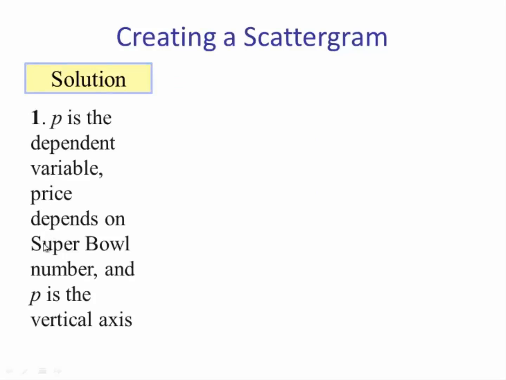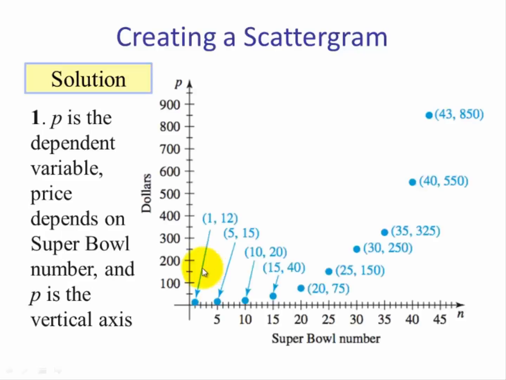Price depends upon the Super Bowl number, and P is on the vertical axis. Here we have our units, dollars. On the horizontal axis is our independent variable N, Super Bowl number. And if we take each ordered pair and plot them, this is the graph that we get. And we call this a scattergram.